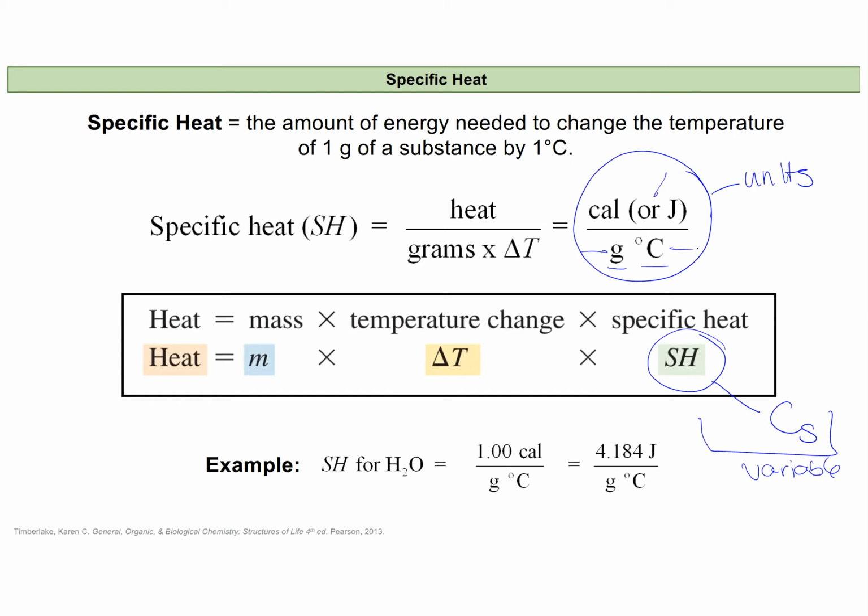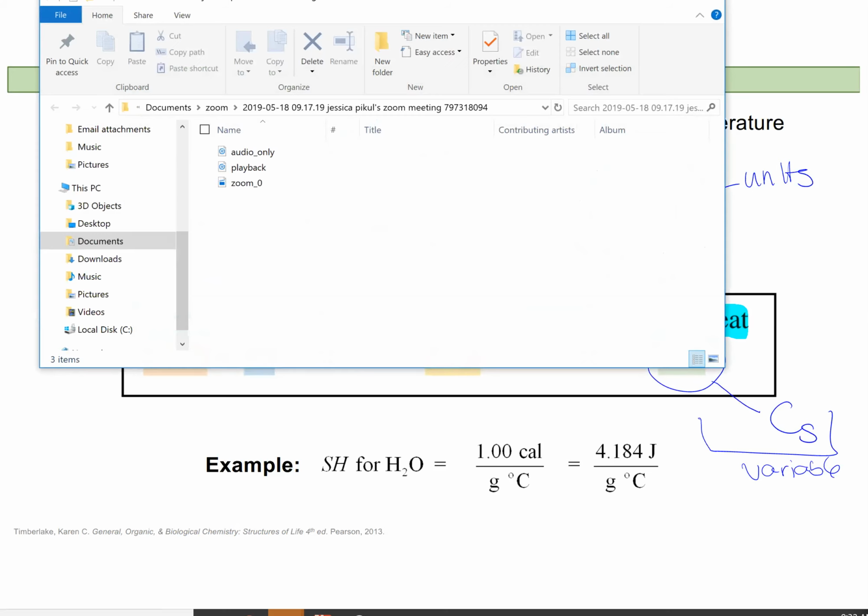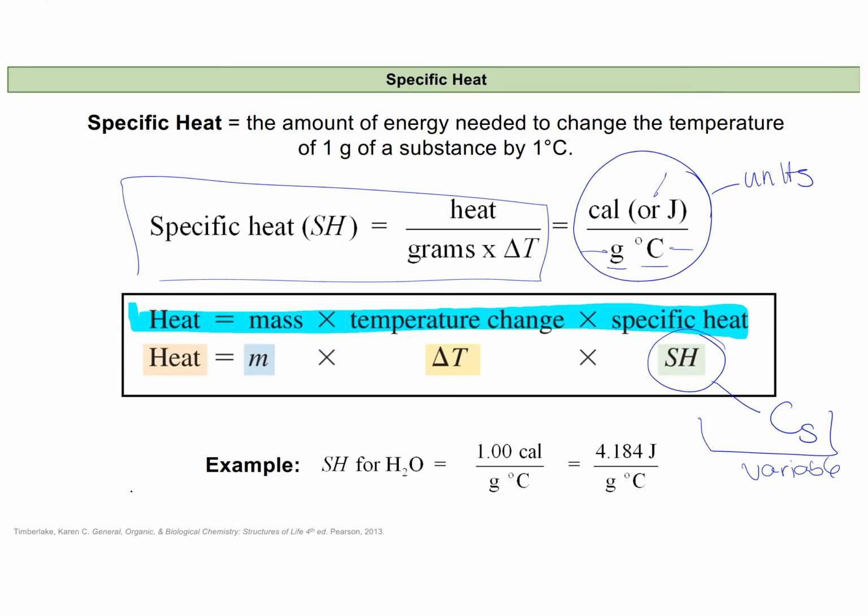And so you can think of that equation like this, where specific heat is on one side, or more typically, it's rearranged to say that the heat of something is really going to be the mass times the temperature change times specific heat. And so we can calculate this for a substance by measuring the change in temperature that something undergoes.